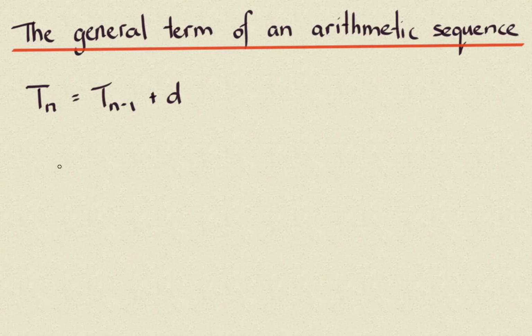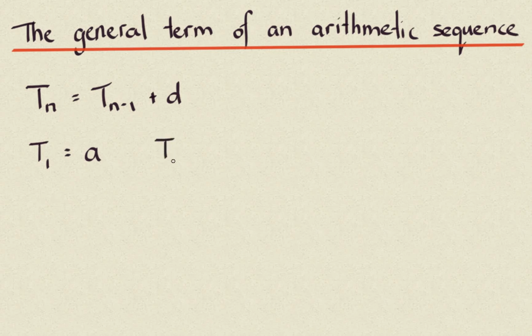So before we go any further, we're just going to introduce one more variable that commonly gets used, and that is the letter A for the first term. So the letter A is often used as the value of term 1. So if we start off with an arithmetic sequence where term 1 equals A, then using this recurrence relation, what's term 2 going to be?